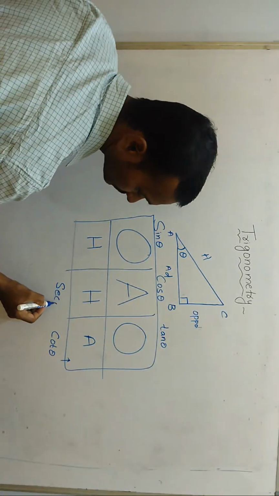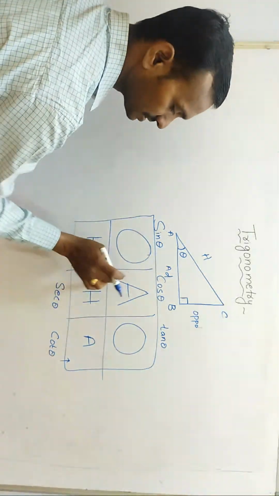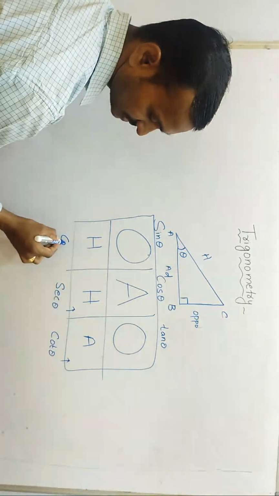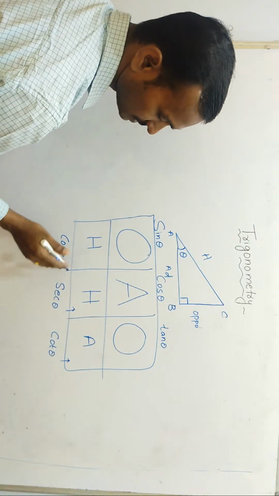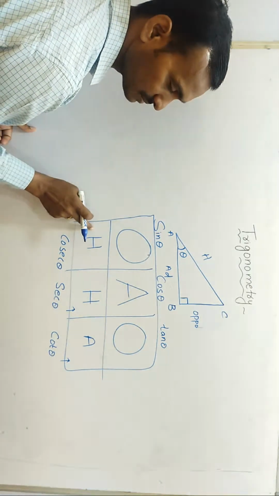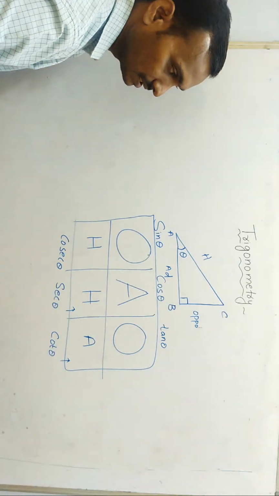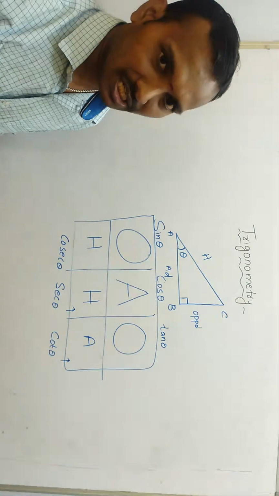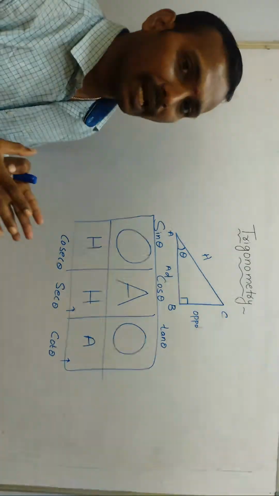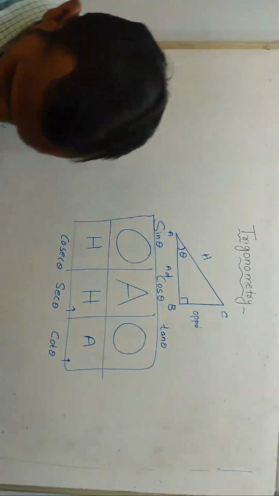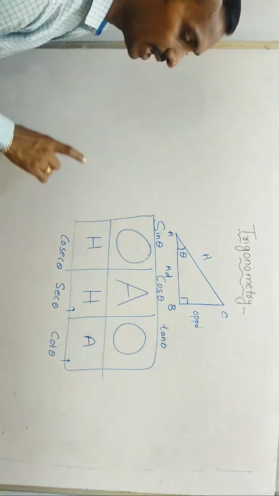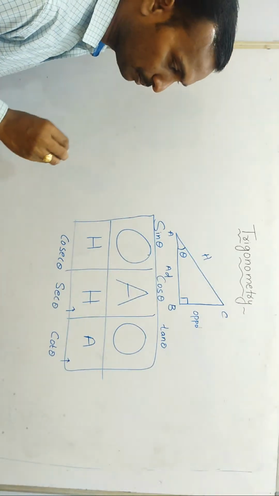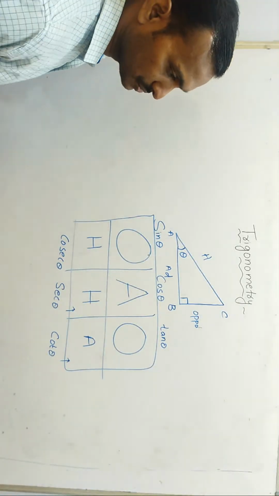Secant theta is hypotenuse by adjacent, cosec theta is nothing but hypotenuse by opposite. This is the way we can remember the 6 trigonometric ratios in a simple and easy manner. So OAO, HHA. Remember this. These are the most important 6 trigonometric ratios.